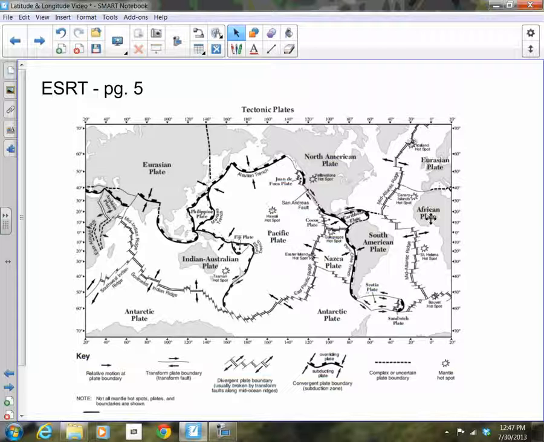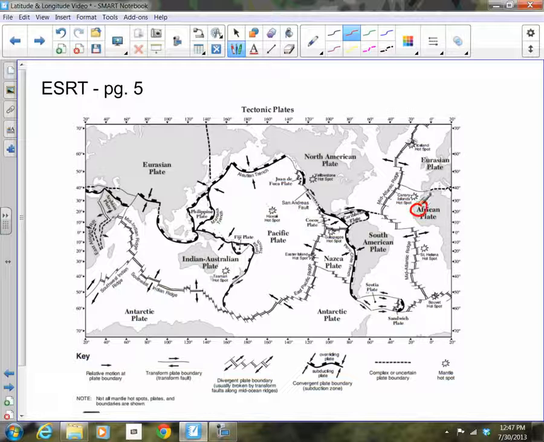Let's figure out the coordinates of the capital A over here in the African plate. Again, we always start with latitude. The capital A is located, again, near the 20 degree mark, and this is 20 degrees north of the equator. So the latitude is 20 degrees north.